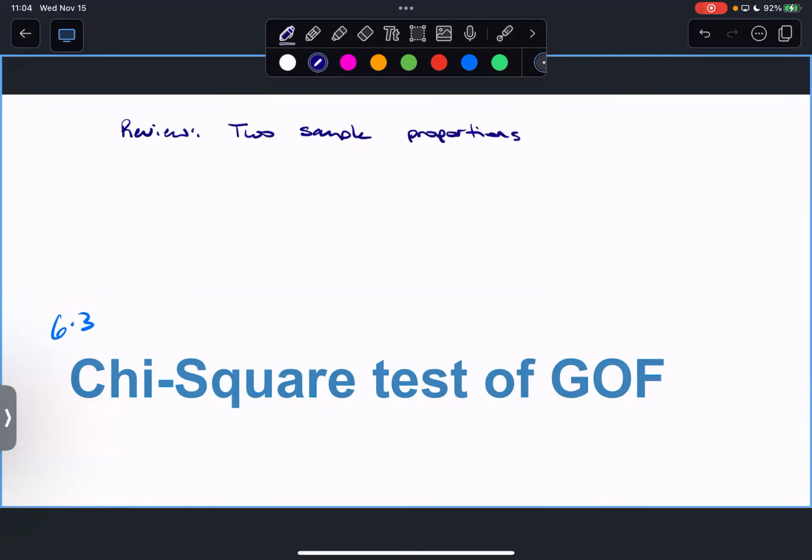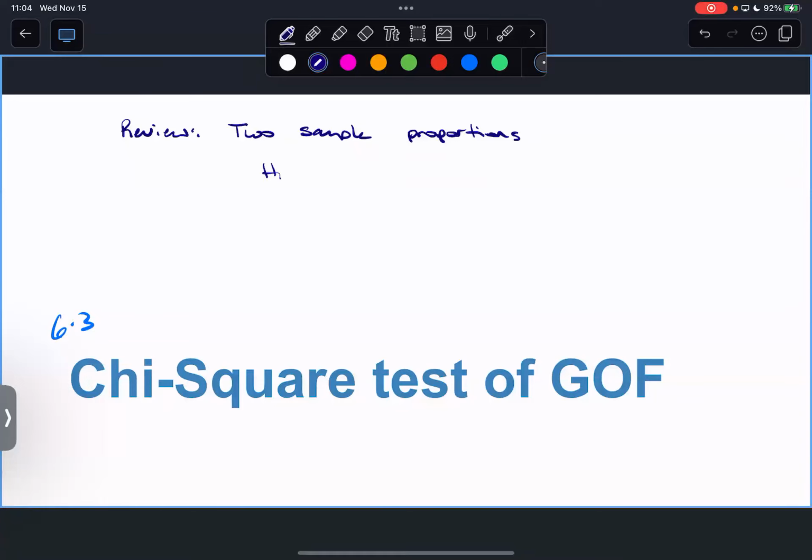Right, we finally graduated from 1 sample proportions, where we're comparing our sample proportion to some value. We did hypothesis testing, confidence intervals, and now we graduated and said, well, what if I have 2 samples and I have 2 sample proportions that I want to compare?